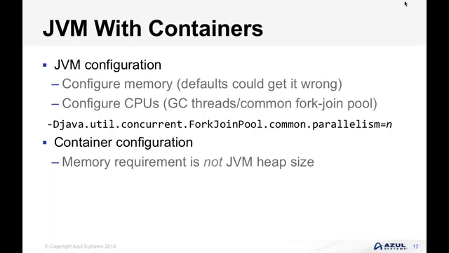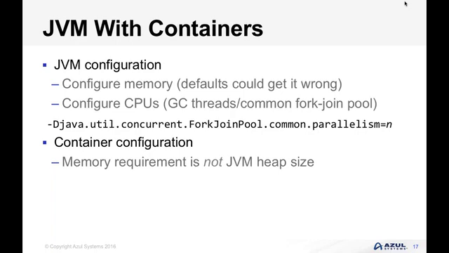You can set those explicitly on the command line, so there's this quite long option, -Djava.util.concurrent.ForkJoinPool.common.parallelism, and that way you can configure the number of threads that are going to be used for the common fork join pool to be the number of threads that you have available from the CPUs or cores that you've allocated to that particular cgroup.